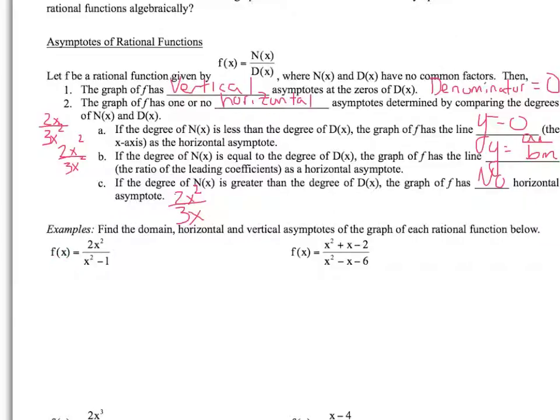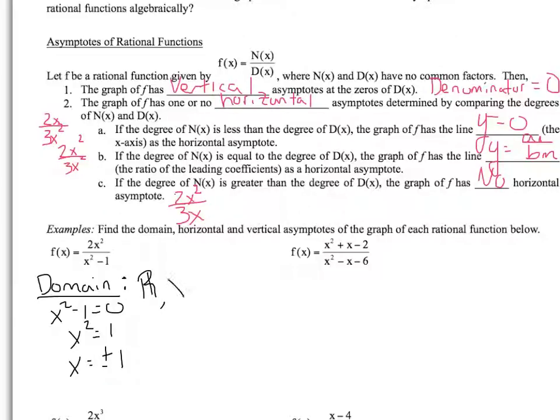So my first step for the domain is to set the denominator equal to 0 and solve. So I'll add the 1, take the square root. Based on that, my domain is all real numbers. However, x is not allowed to equal plus or minus 1.